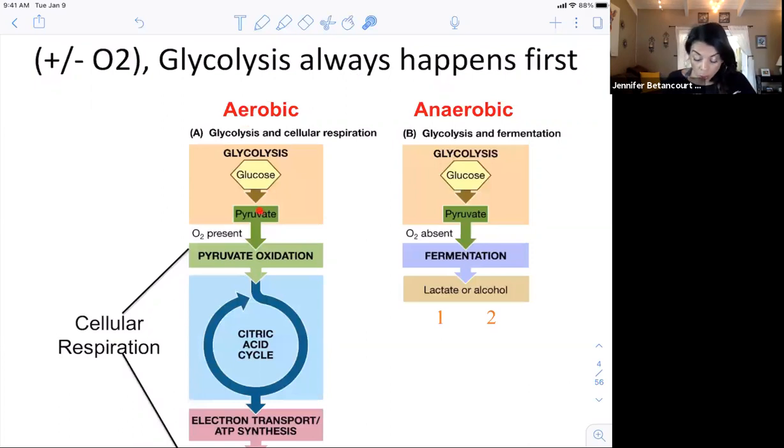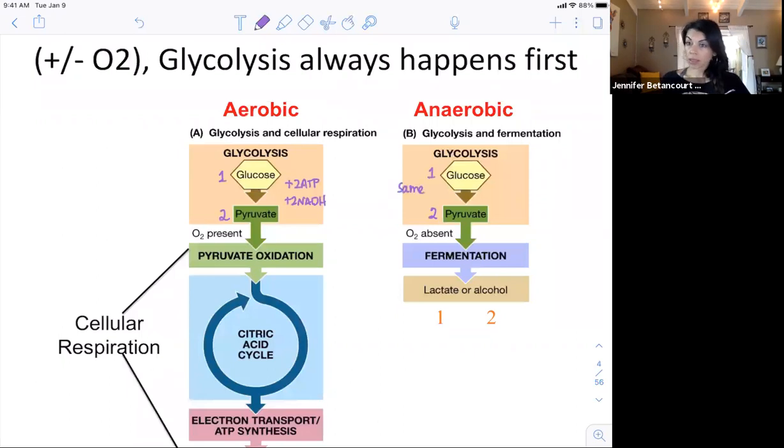And no matter what, with one molecule of glucose, you're always going to produce two molecules of pyruvate. Not only that, but you also produce two ATP molecules as well as two NADH molecules.